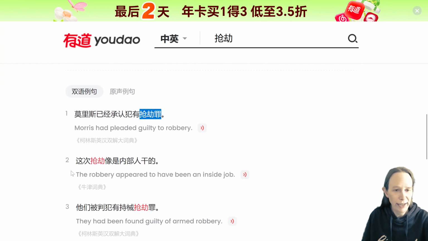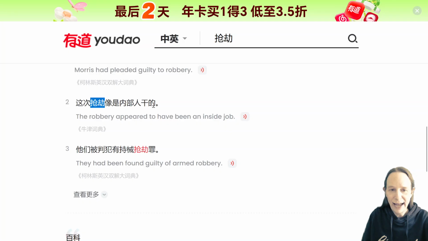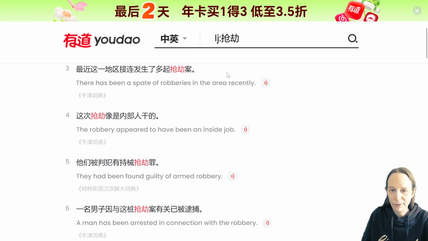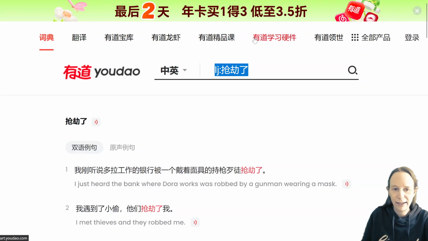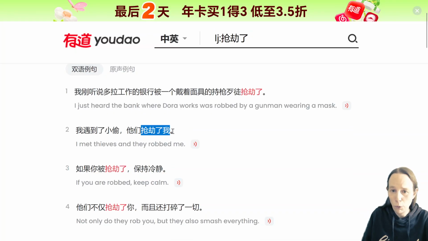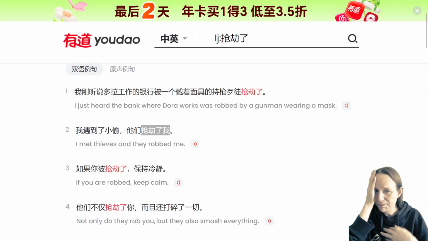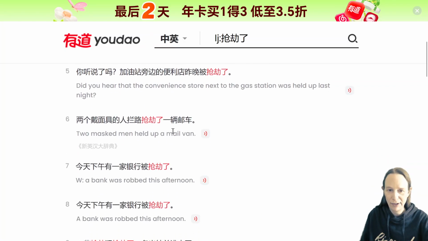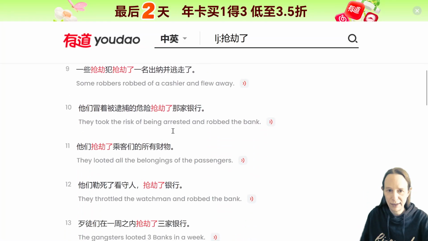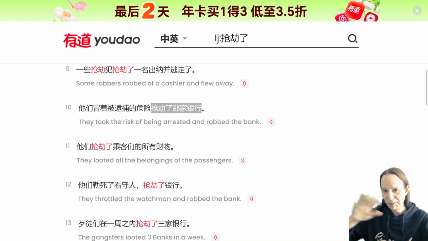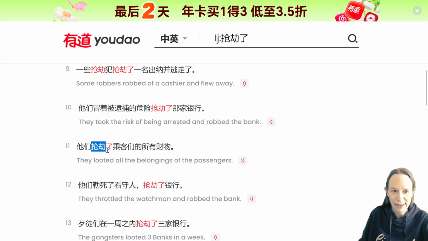抢劫，对，抢劫，这次抢劫，像在内部人干的，an inside job. What if we put a 了 at the end? 抢劫了我。Okay, so robbed me. 抢劫了哪家银行？Robbed the bank. 抢劫了乘客们的所有财物 and robbed their possessions.